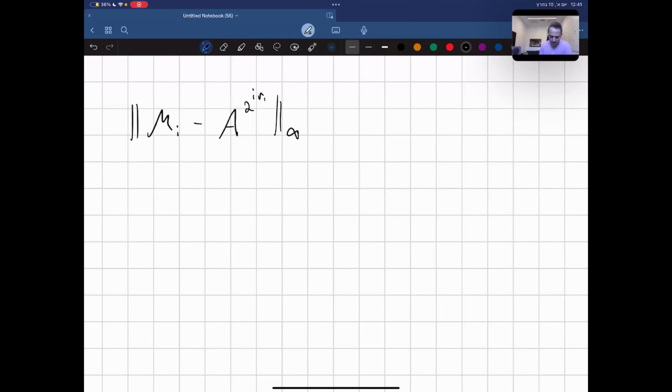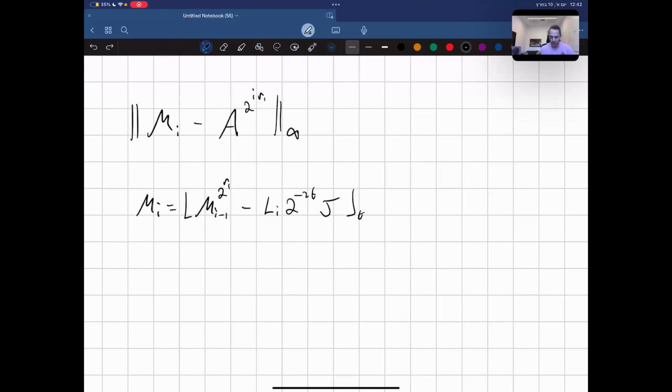We know that M i is M i minus 1 to the 2 R1, and when you do this shift and truncate, that's M i.